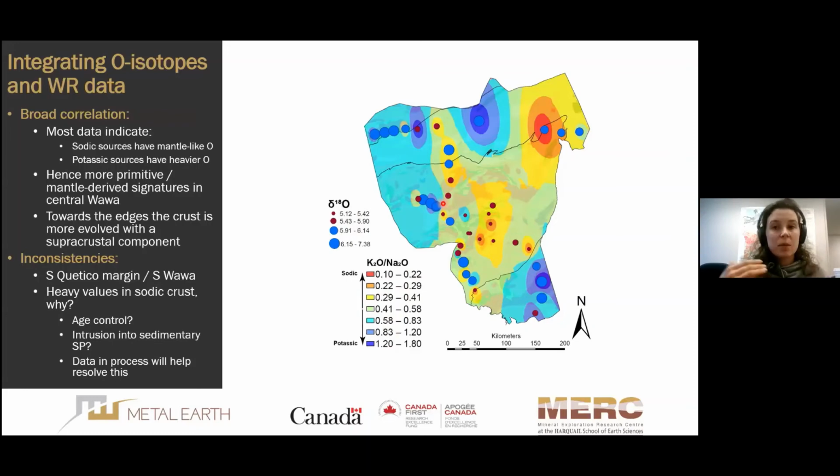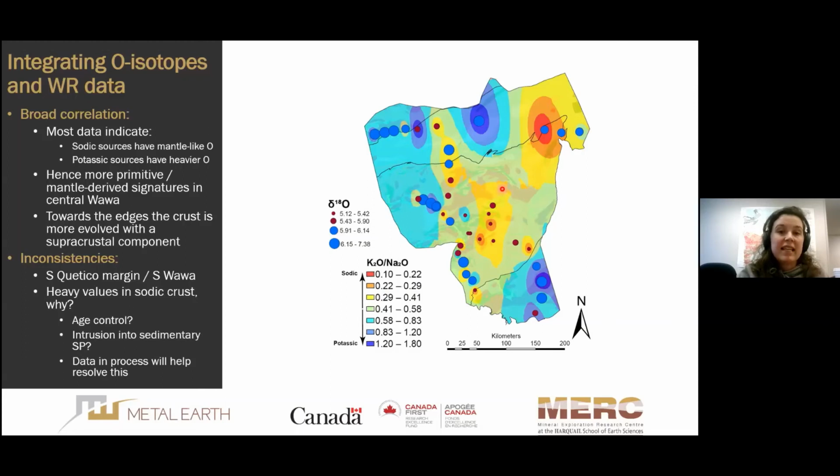So I wouldn't say there's a perfect correlation, but I do want to say that it's a broad correlation. And what most of the data indicates is that where we have these sodic sources, there seems to be mantle-like oxygen values. And the opposite is true. As we move out, we have potassic sources that have heavier oxygen values.